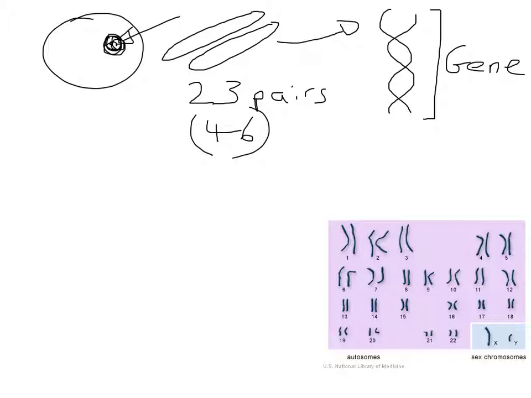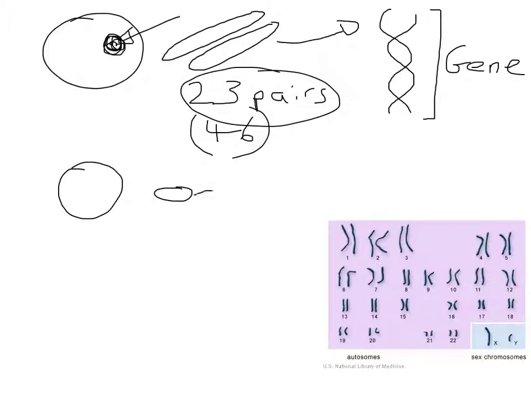Now, notice we have 23 pairs of chromosomes. Now, why have we got pairs of chromosomes? Here we have an egg cell, so a female egg cell, and here we have a male sperm cell. The female egg cell will have 23 chromosomes in it.